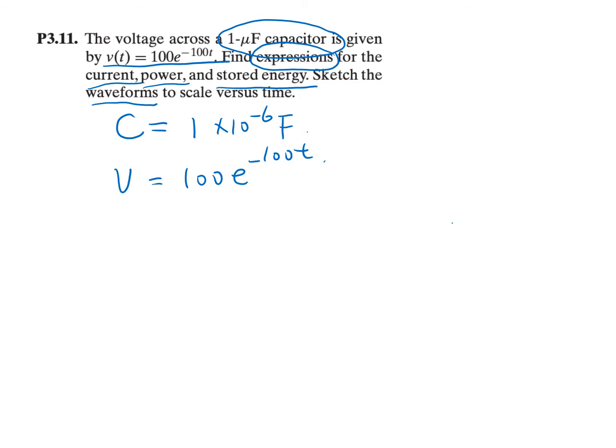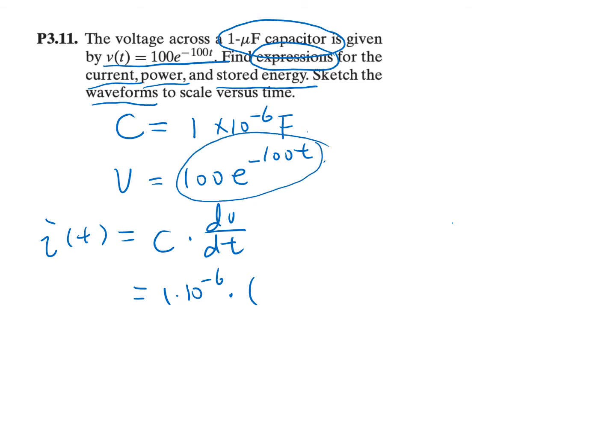We know that for capacitors to find the current, i(t) is equal to C times dV over dt. C is 1 times 10 to the negative 6 times dV over dt. We take the derivative of this, that is 100 times 100, it becomes 10,000 times e to the negative 100t.